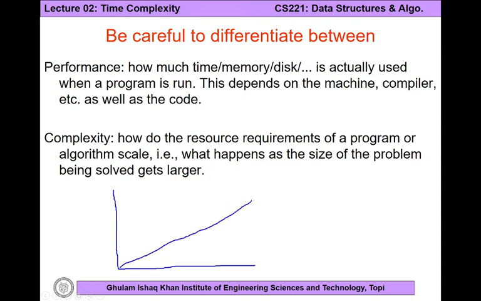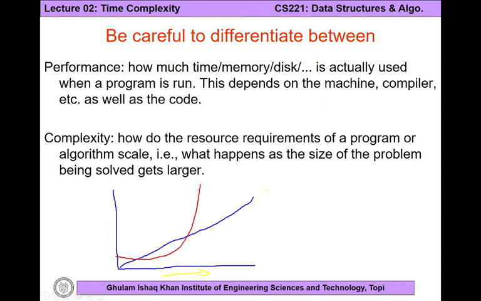For example, if you see this graph, this blue line is more scalable than this red line, right? Because as the size of the input increases, the requirement of the red line, in terms of maybe the number of steps, is increasing exponentially, whereas the requirement of this blue line is increasing linearly.